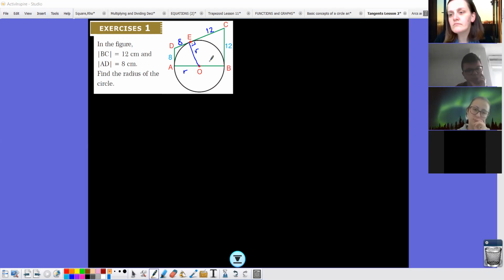It won't help. But look, if these are tangent lines and this is the tangency point, this part is perpendicular and this part is perpendicular.